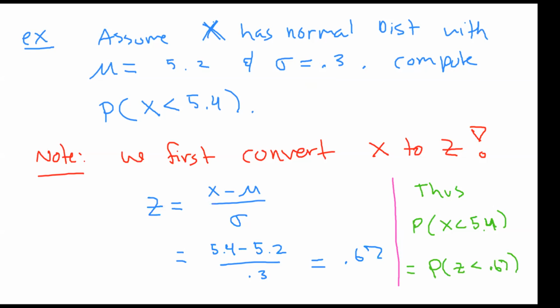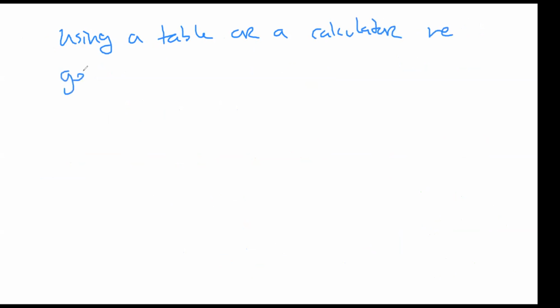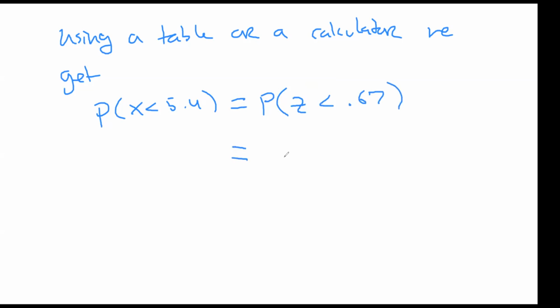So that's very similar to what we did before. So what do we use? A table or a calculator. So we get that the original X is less than 5.4, which we just determined is the same as Z less than 0.67. When we plug that in, we get 0.74857.